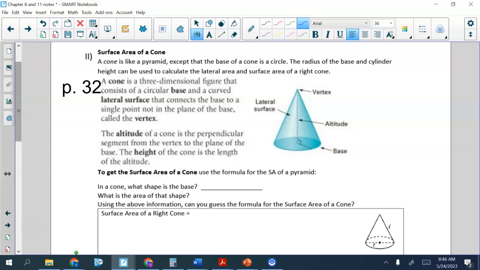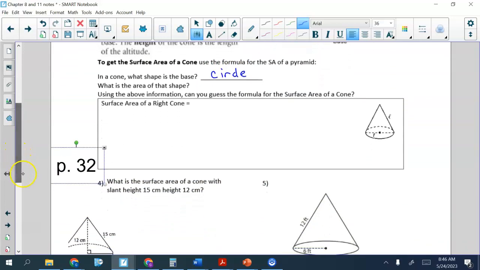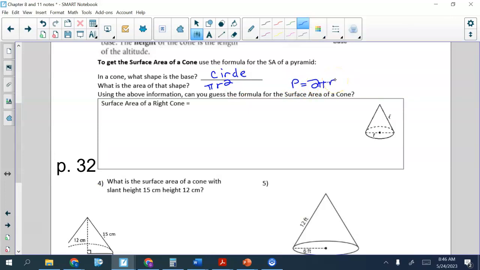So to get the surface area of a cone, we can figure out that the base is a circle whose area is pi r squared, and perimeter is 2 pi r. So we can still use that same equation.